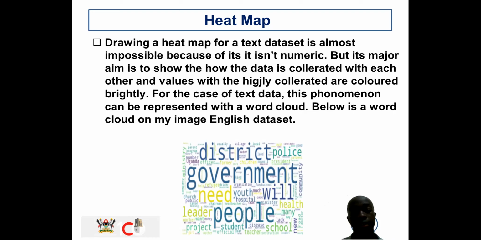Now, as you can see, for the sake of my model, words like district, government, need, youth, people were mainly used in the data set. So at some point, a word cloud can be used as a heat map because they share something. What they share is almost the same.